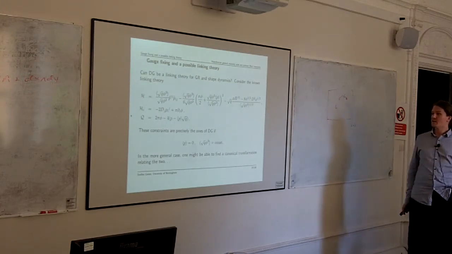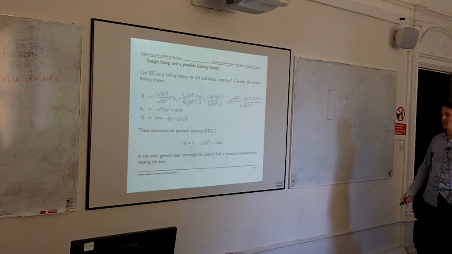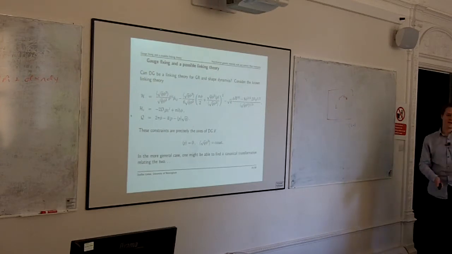And of course, because of the spatial averages, you have to assume that they take particular values if you really want an exact equivalence between this formalism and what we found. So this is one case. In general, of course, you would try to find a canonical transformation that relates the two. And again, this is something we haven't done. But at least in these special cases, the two are exactly equivalent.